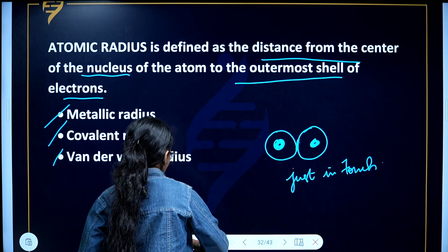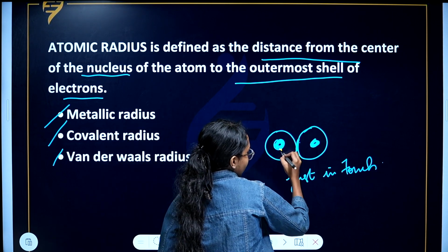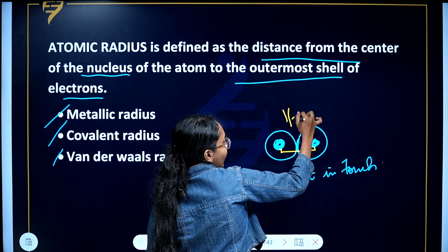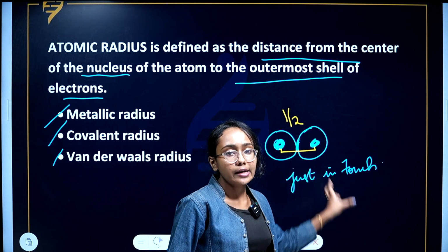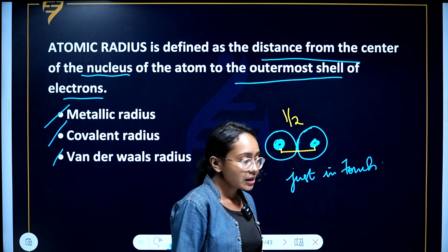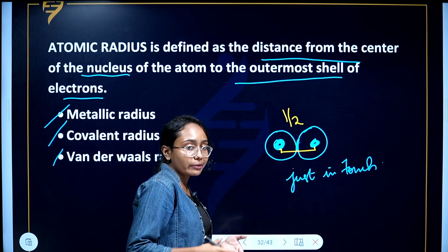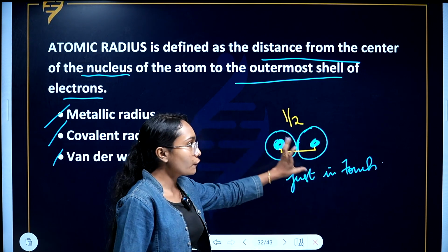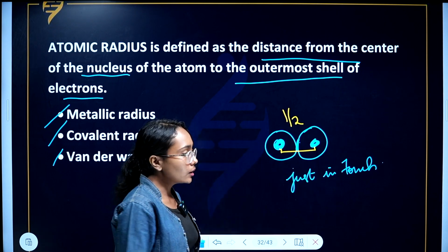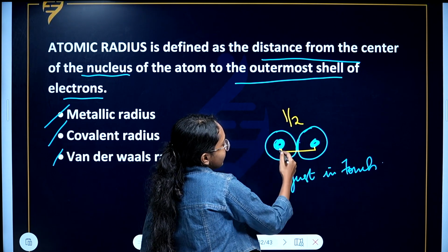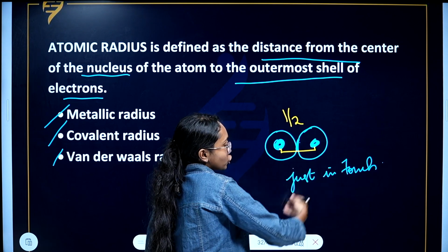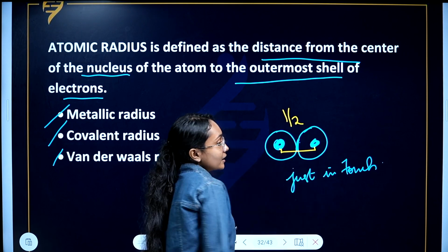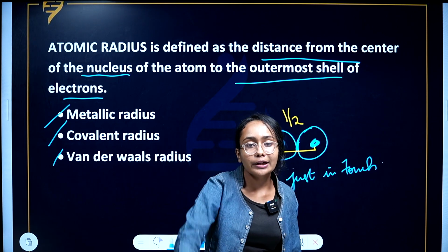Taking the average, or half, of the distance between the centers of these two nuclei, the internuclear distance, will give you the metallic radius. It is a subdivision of atomic radius in which two metal atoms of a metallic crystal are just in touch. So metallic radius is defined as half of the internuclear distance.